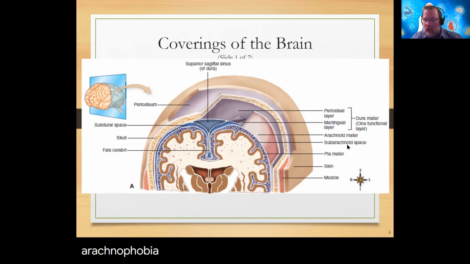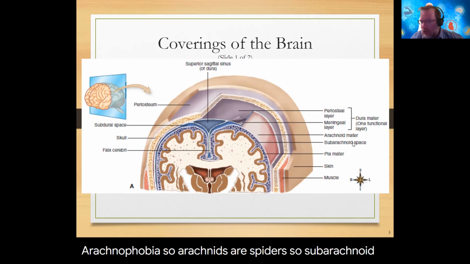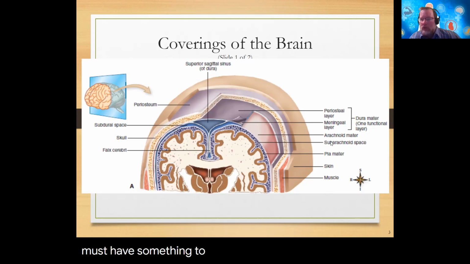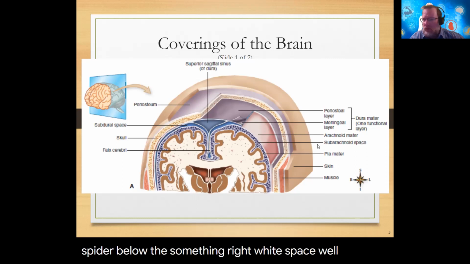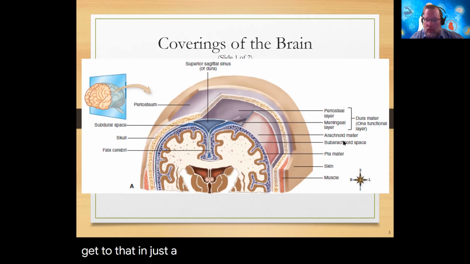Arachnophobia. Arachnids are spiders. So subarachnoid must have something to do with below the spider, below the something, right? Space. We'll get to what the arachnoid is in just a second.